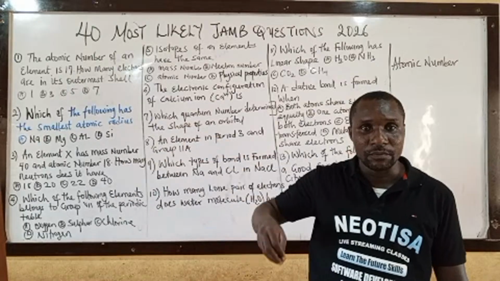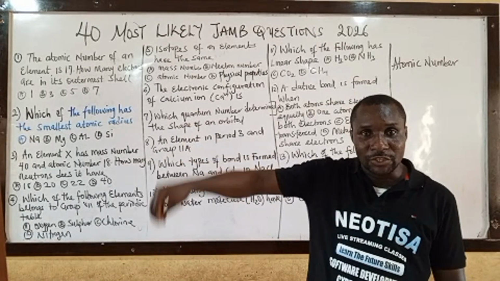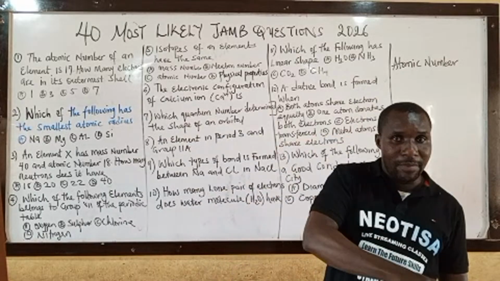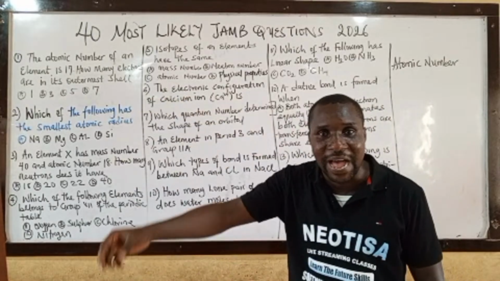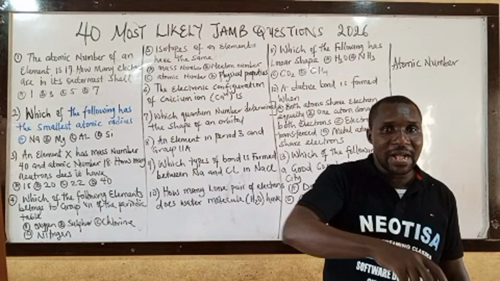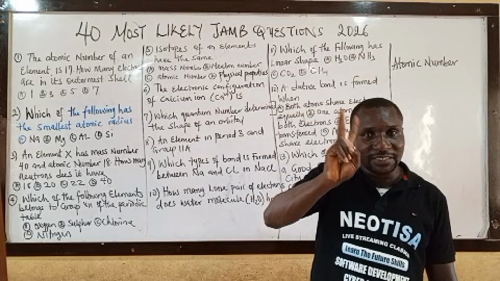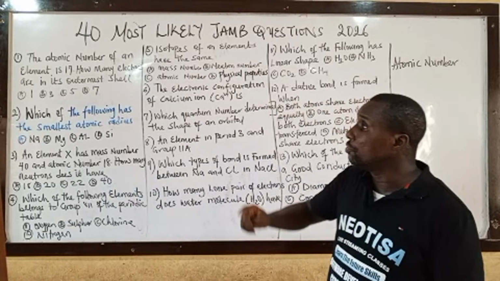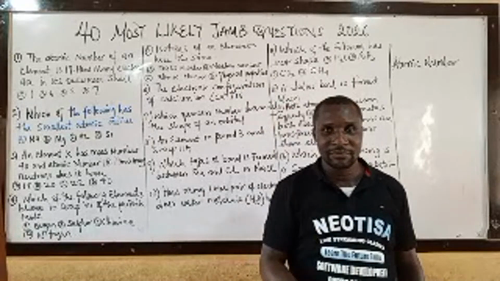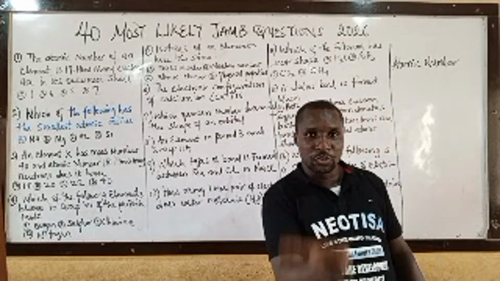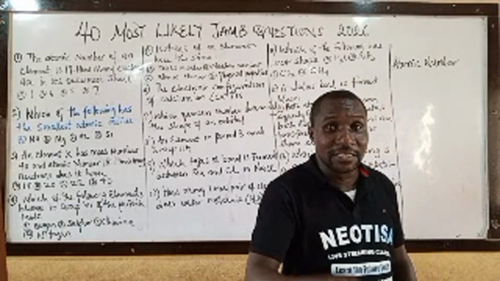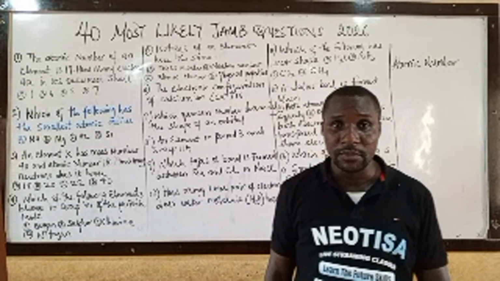In an atom, the proton number and electron number are the same. And I told you, atomic number is proton number. Then for an atom, proton number is the same thing as electron number. Take note of that.